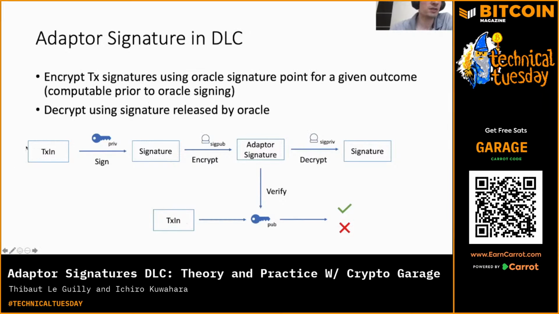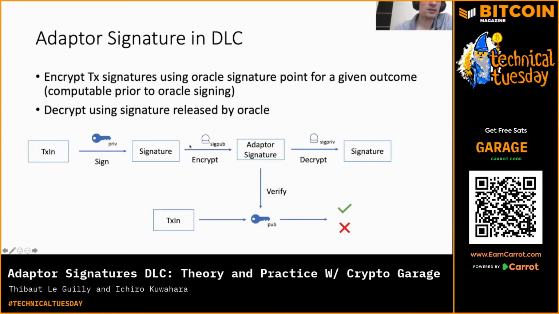In DLC, the message in general is some transaction information. What you sign is usually to enable unlocking some UTXO, and that involves part of the spending transaction and UTXO.